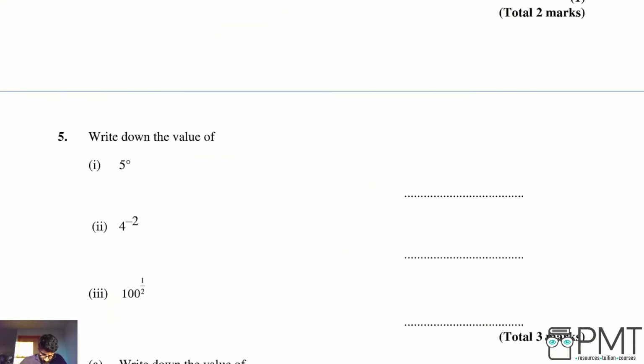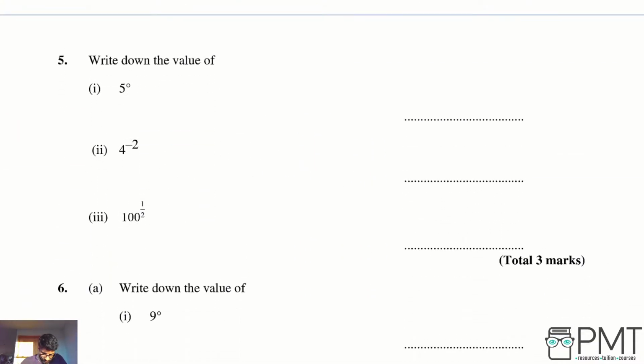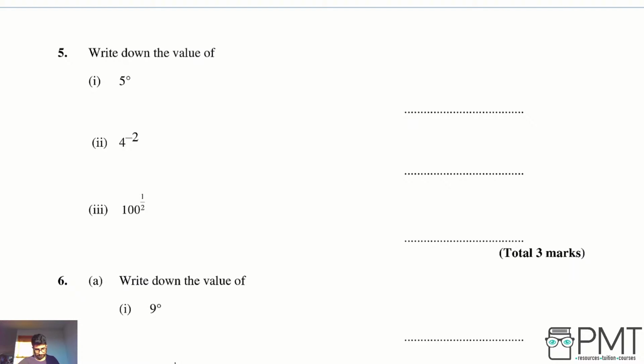And what about 5? Have we got the answers to 5? We again have a to the power of 0. That's going to be 1. This is going to be flipping it, so that's 1 over 16.